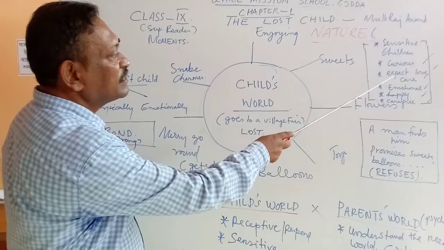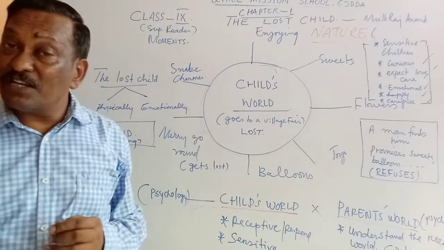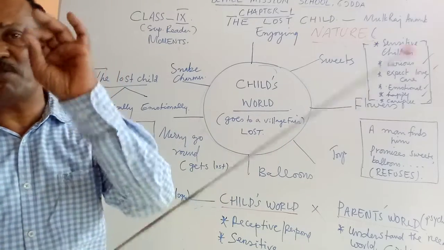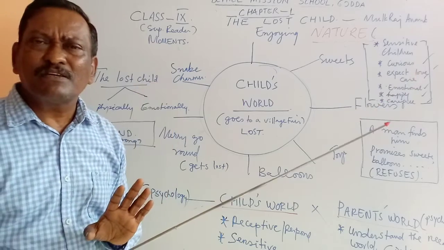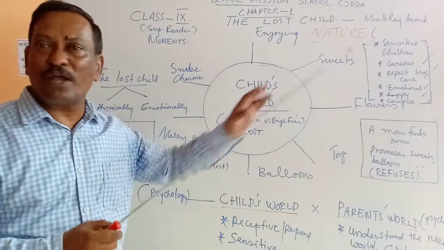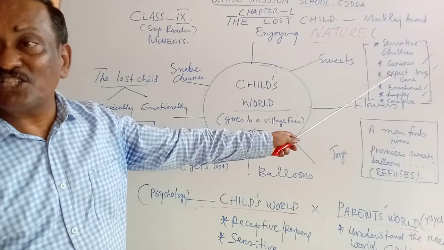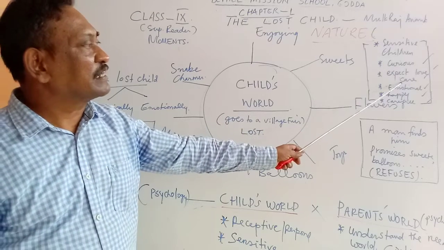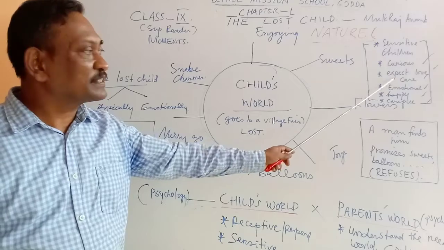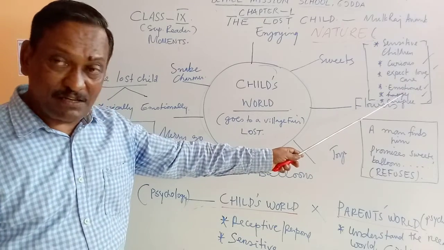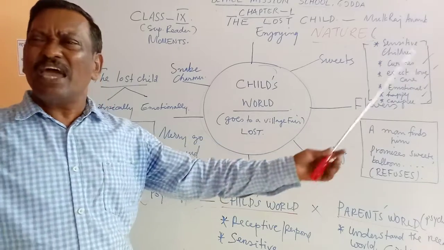Another quality, they expect love and care from elders, especially parents. Parents may give 101 things to the child, but the most important thing that a child expects is love and care. Then they are emotional, they are happy, and they are carefree.